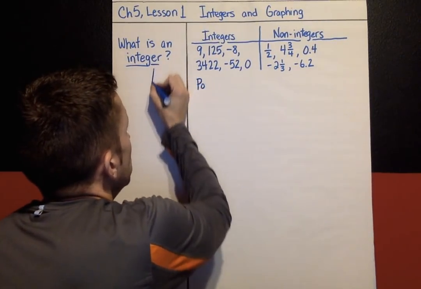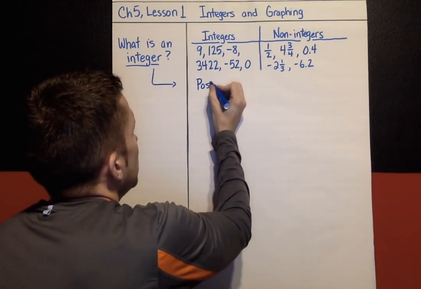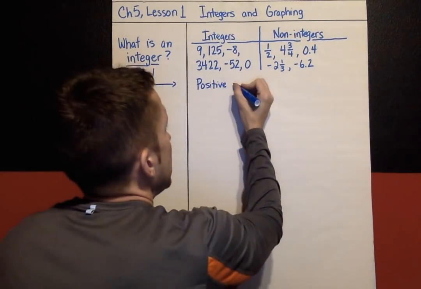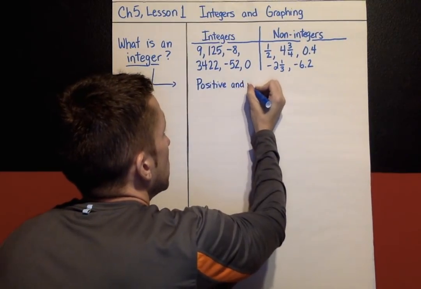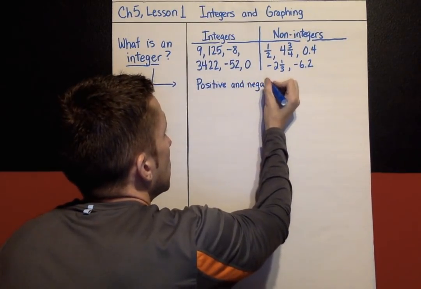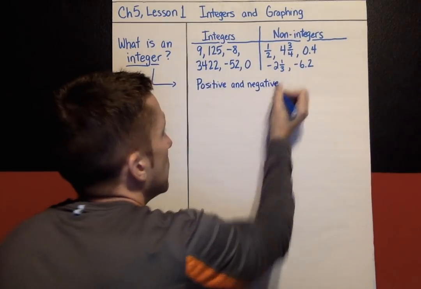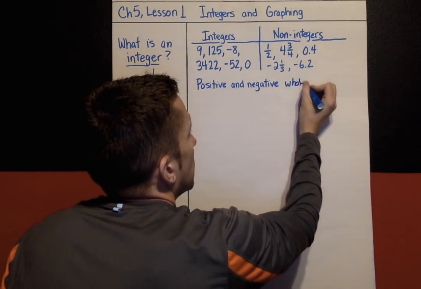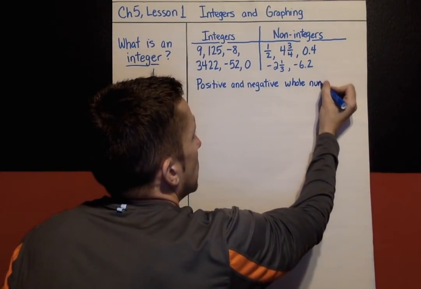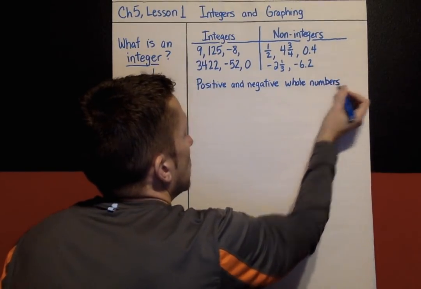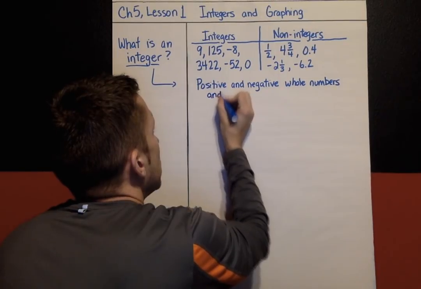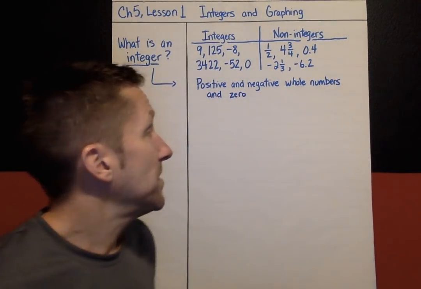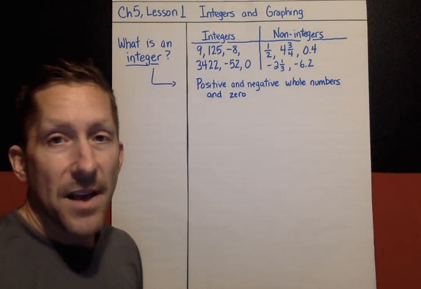Integers are positive and negative whole numbers, and zero.